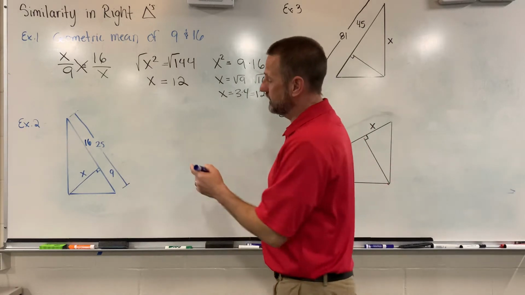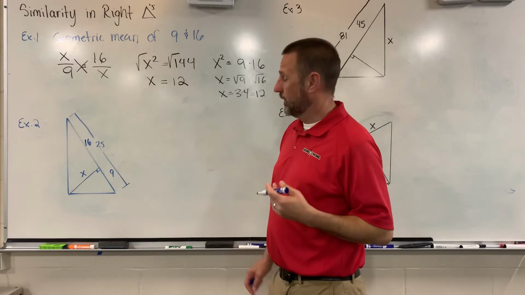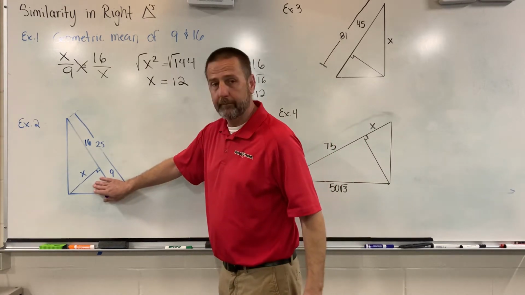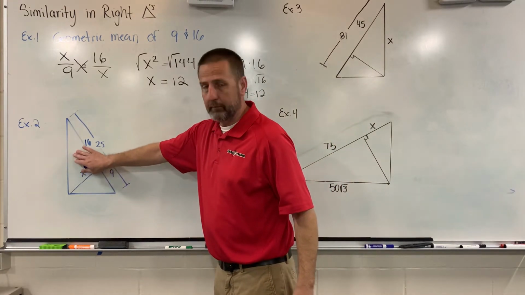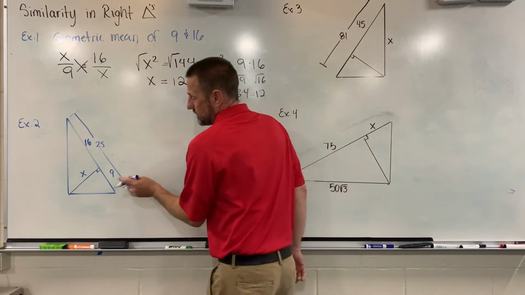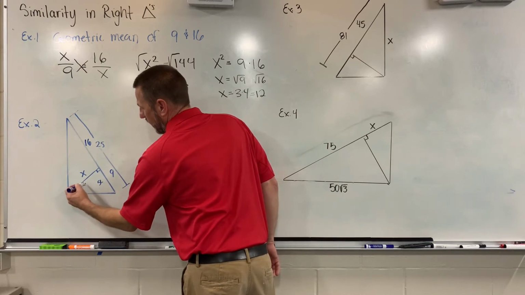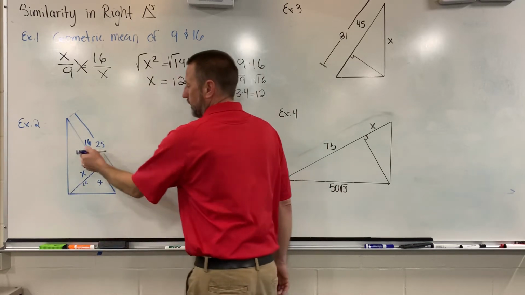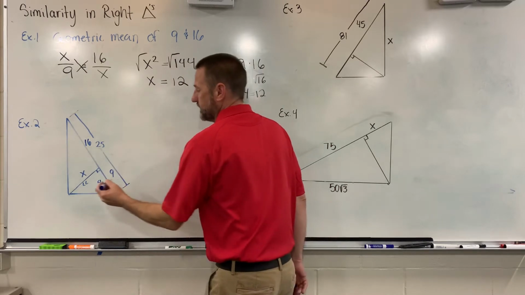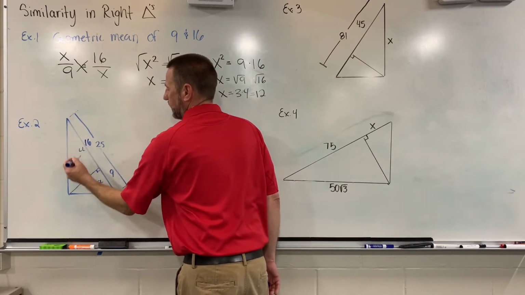Now, I need to solve for x. x is being shared by the smaller triangle and the medium-sized triangle right here. On the small triangle, this is my short leg and this is my long leg. On the medium one in the middle, this is the short leg and this is the long leg.